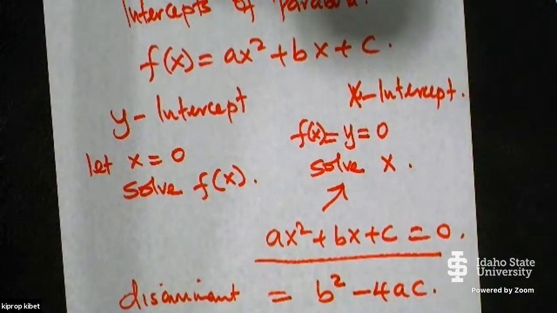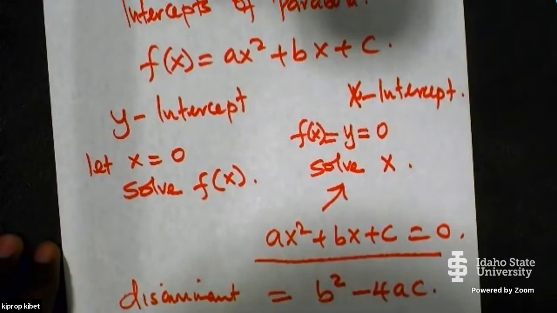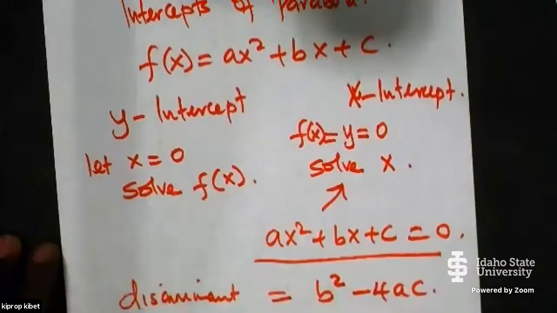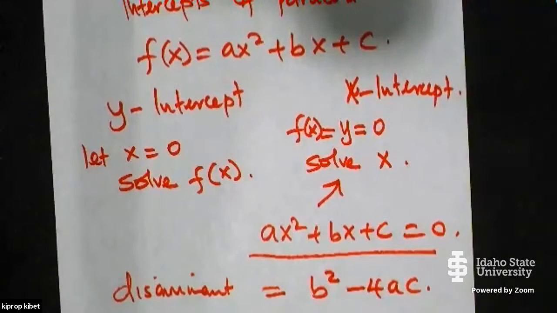If b squared minus 4ac equals 0, then the value of x will be only 1.